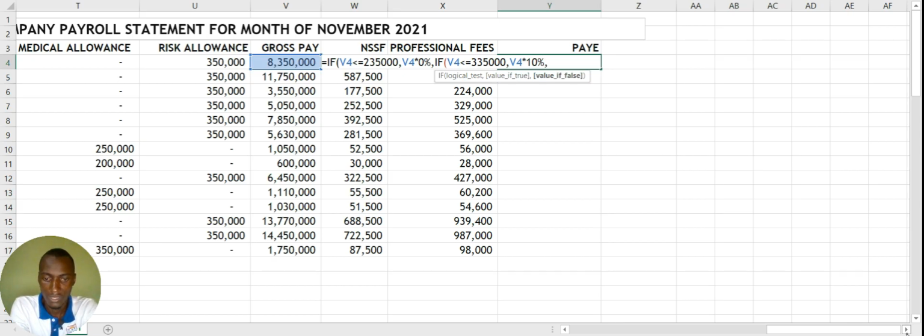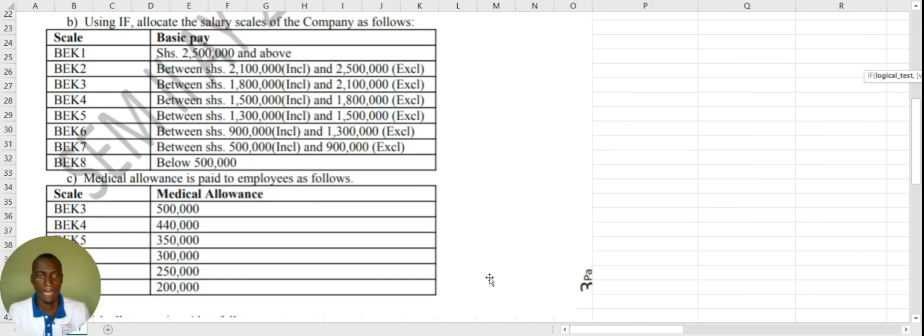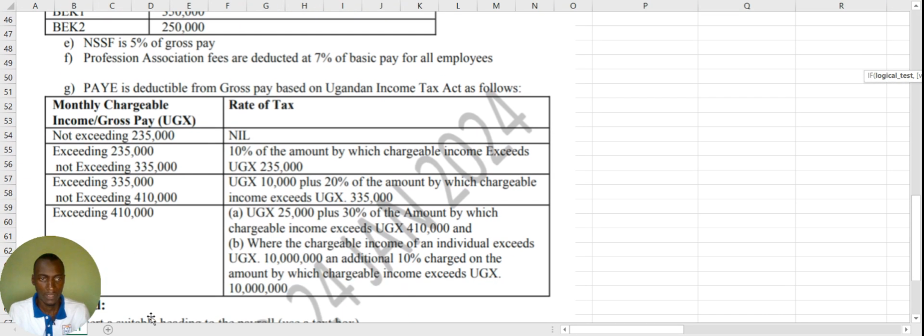The other condition is if our gross pay is exceeding 335,000, not exceeding 410,000.